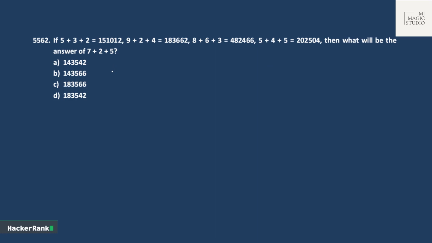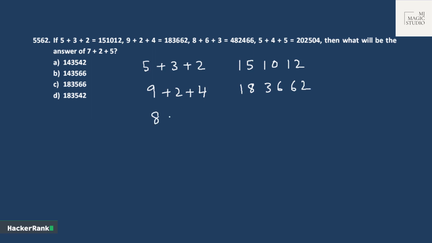Okay, some number puzzles. 5 plus 3 plus 2 is 15, 10, 12. 9 plus 2 plus 4 is 18, 36, 62. 8 plus 6 plus 3 is 48, 24, 66.